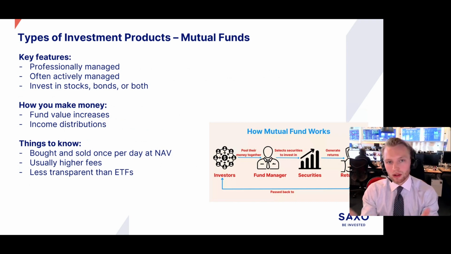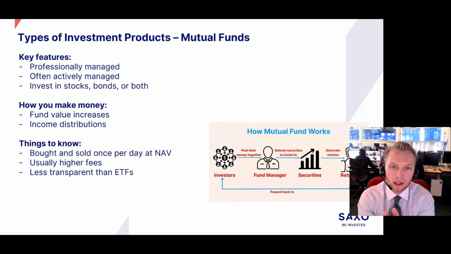So that's one thing to be aware of, that some of them pay out dividends and some don't. If you prefer having a consistent income stream in the form of dividends, be aware that some of them do not pay it out but reinvest it. And it's a very personal matter whether you prefer the one or the other.